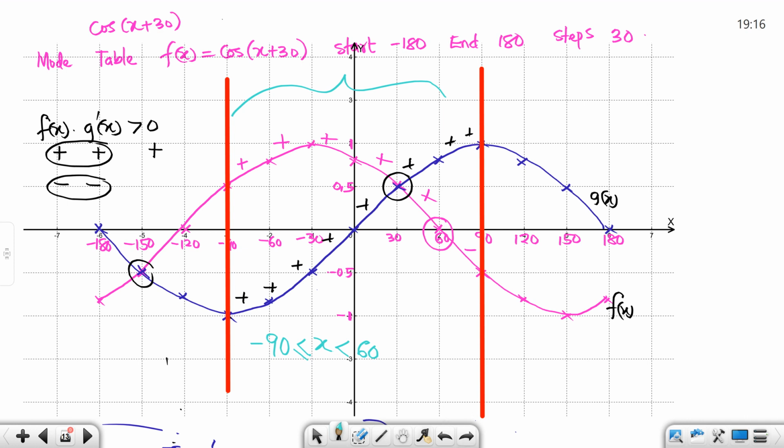The examiner did not say greater than or equal to 0. They said greater than 0. 0 is not positive. So once I say greater than 0, my answer should be positive. 0 is not part of it. So at 60, do you notice the value here is 0? So 0 is not part of my solution. Done.